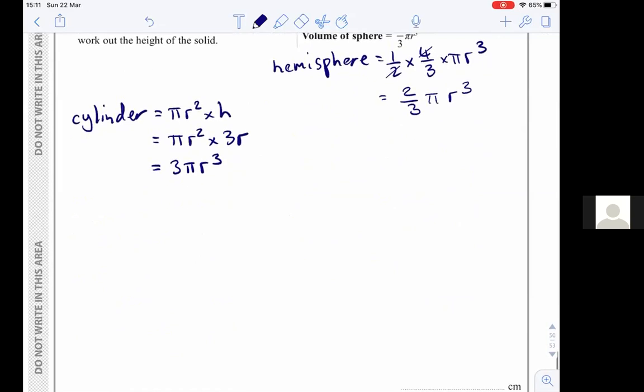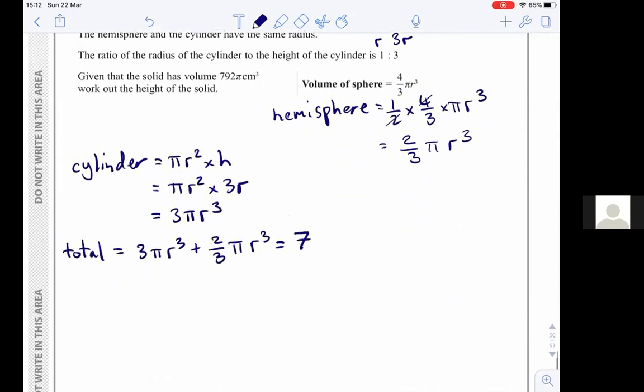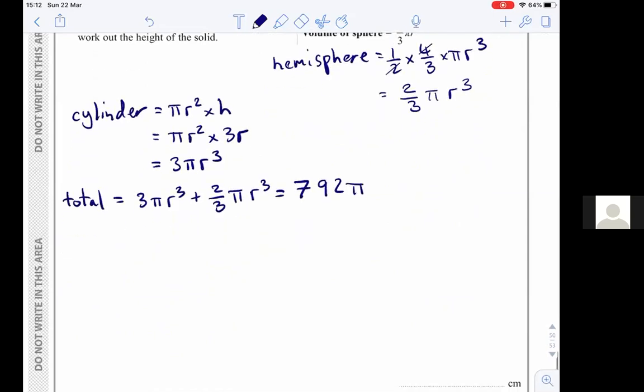Therefore, my total volume is going to be 3 pi r cubed add 2/3 pi r cubed, and we're told that this total is 792 pi centimeters cubed. We're nearly there. We can divide both right-hand side and left-hand side by pi, to make it a bit more straightforward.